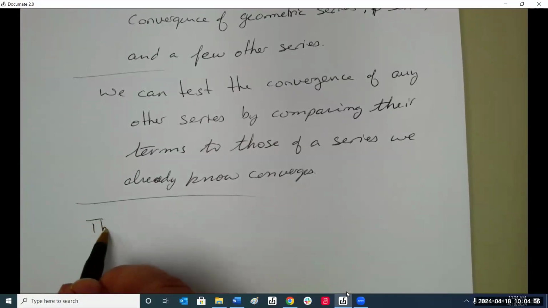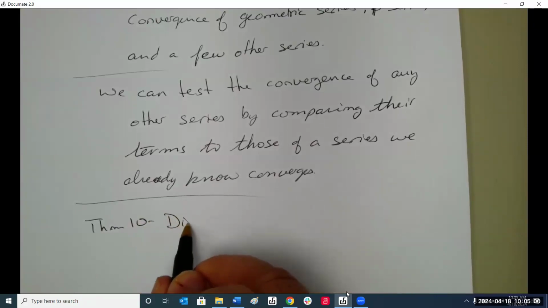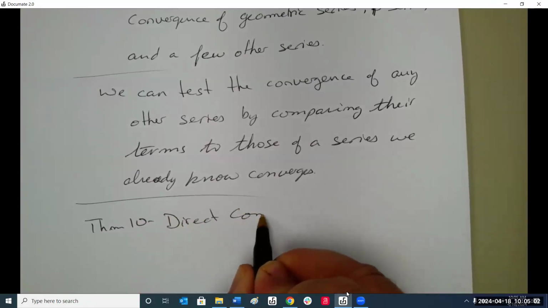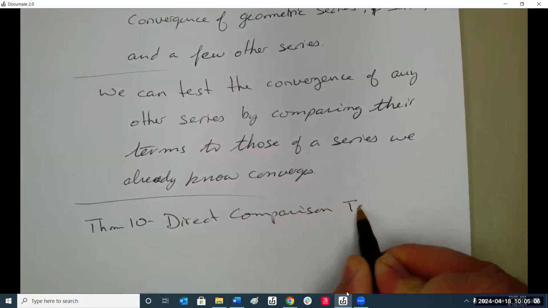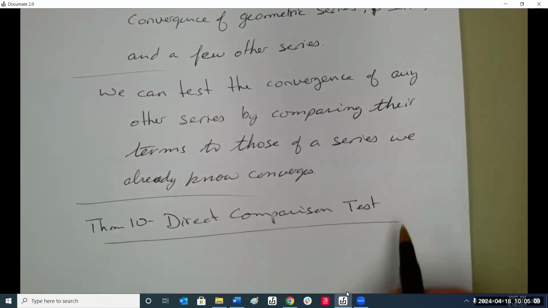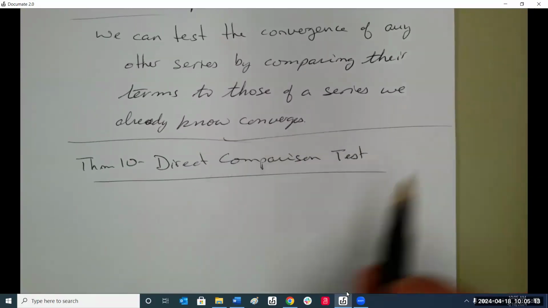So theorem 10, the direct comparison test for convergence.